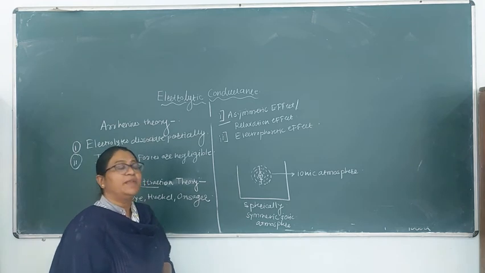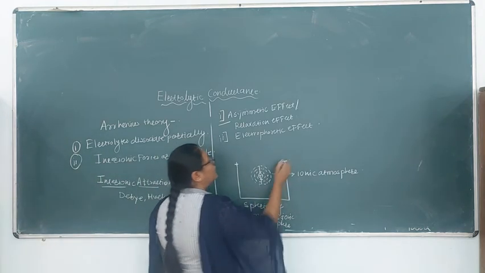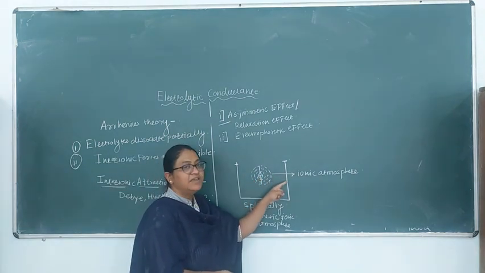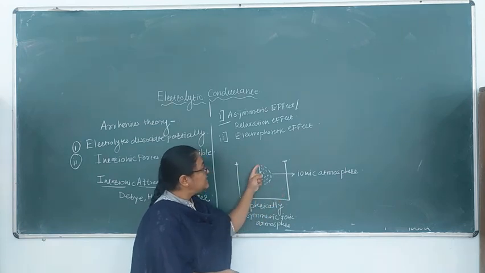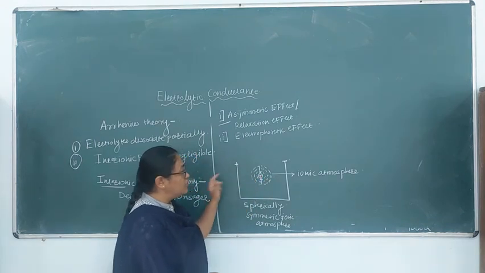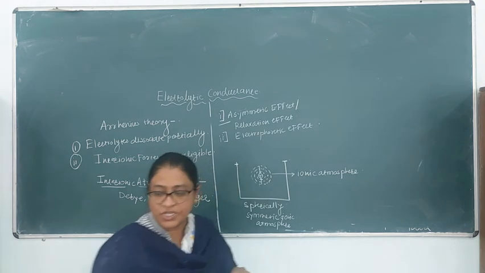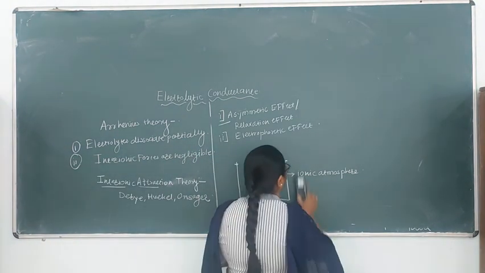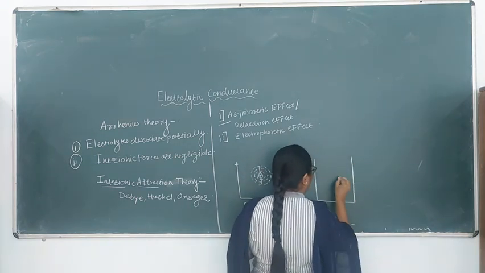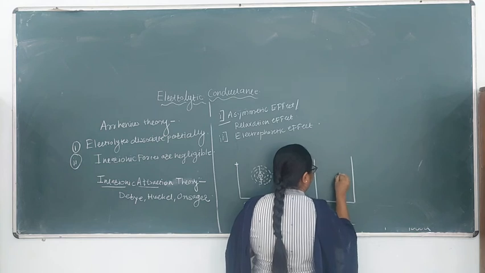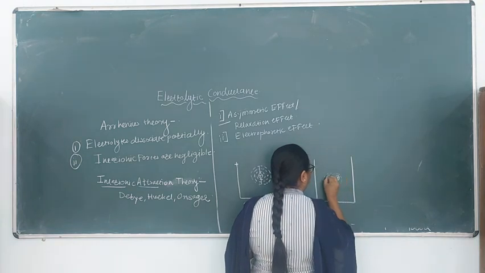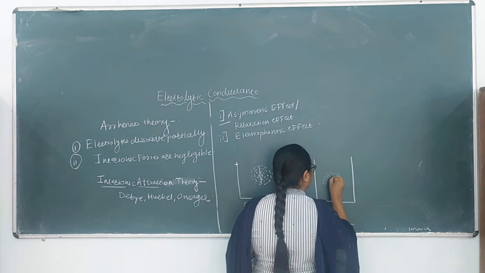Now, if we apply the electric field, what will happen? Obviously, this positive charge will try to move towards the negative electrode, while the negative charges surrounding it will try to move towards the positive electrode, and therefore this situation will change.